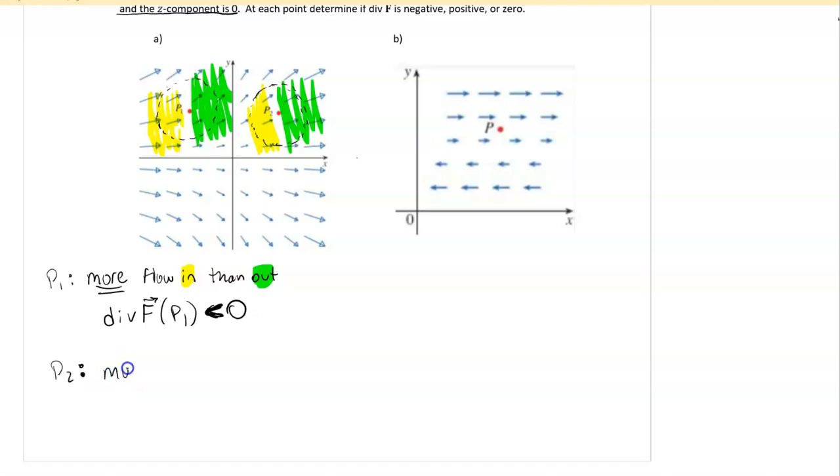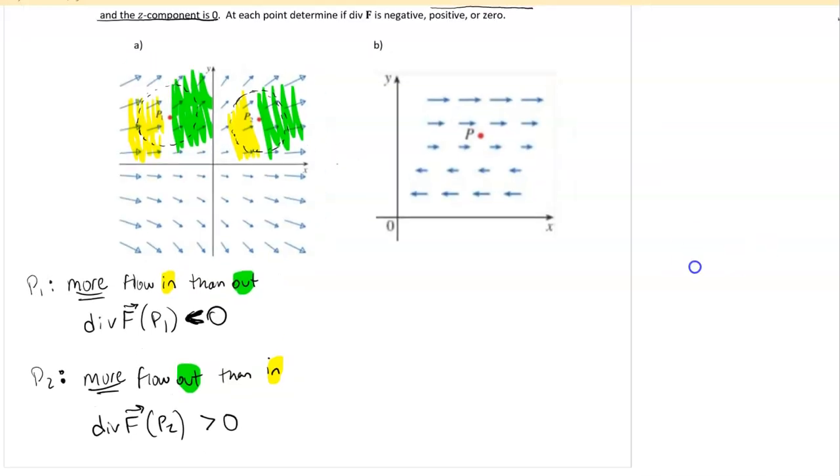Because there is more flow out than in, I am going with the divergence of F at P2 is greater than 0. That is a source. It is sending stuff out.